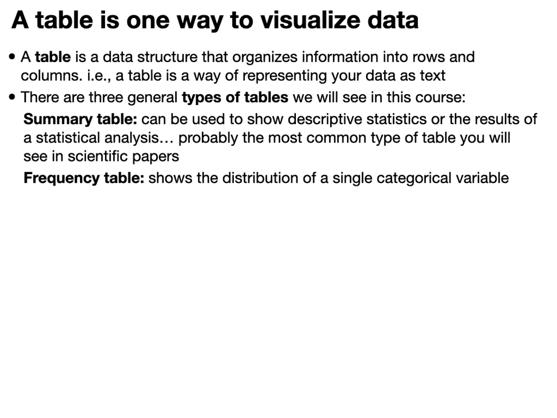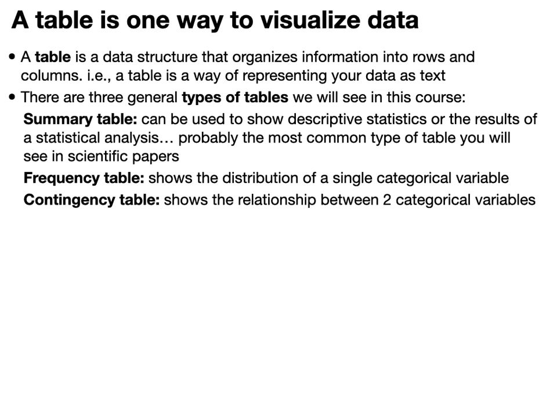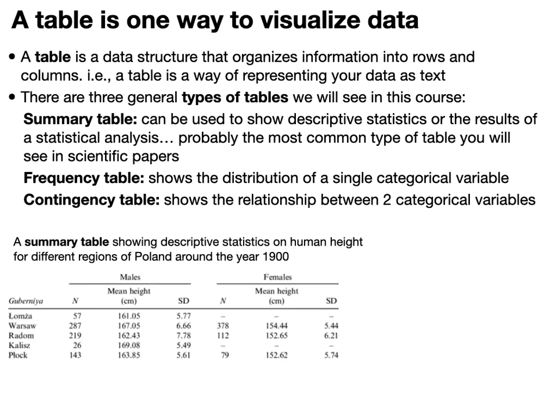So a frequency table takes a single categorical variable and just shows you its distribution. A contingency table is when you look at the relationship between 2 categorical variables, and it shows you the counts of membership for these 2 categorical variables and all possible characteristics that an individual can have. So I'm going to show you examples of these 3 below.